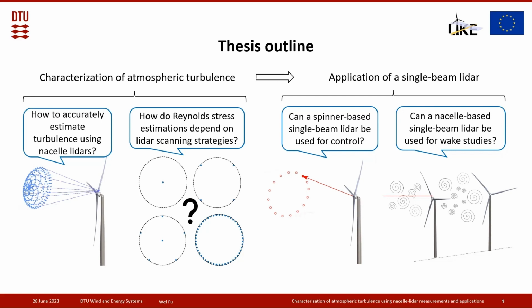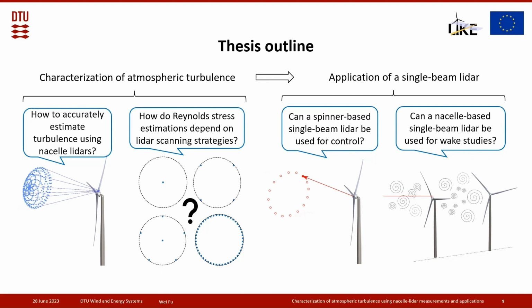And during the study, we found that if the turbulence intensity or the along-wind variance is the key parameter, or the only parameter, that the user cares about, because it's the most relevant for load and for power performance, then a single beam LiDAR measuring in a staring mode, straightforward, well aligned with the along-wind direction, is very effective. So we want to use this single beam LiDAR for different applications.